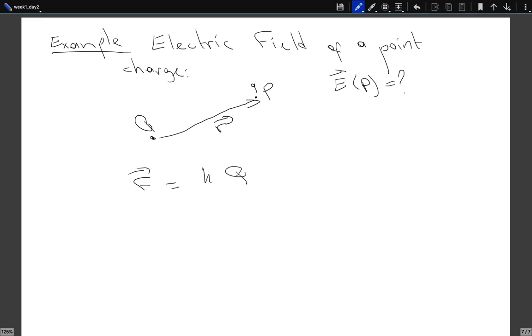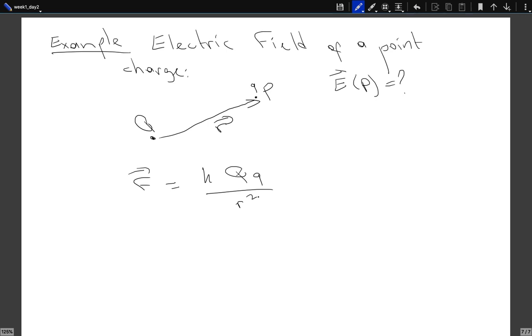Okay, kQ, I heard somewhere, times small q divided by r squared, in which direction? I'm looking at the electric field at the point P. So to calculate the electric field at the point P, I have to calculate the force acting on the test charge that I placed at that point.